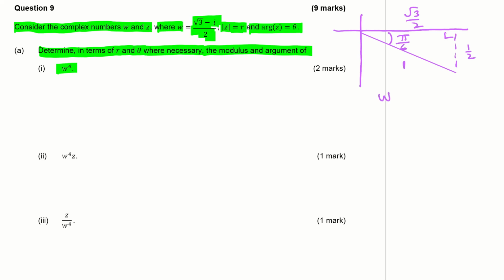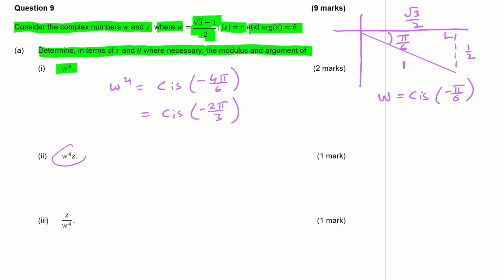So that means that w is equal to cis negative pi by 6. So w to the 4 would be cis negative 4 pi by 6, which is cis negative 2 pi by 3.